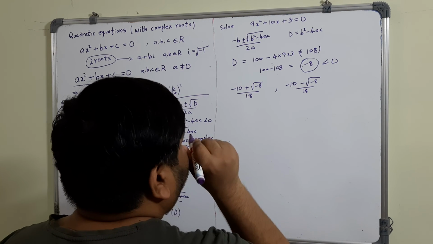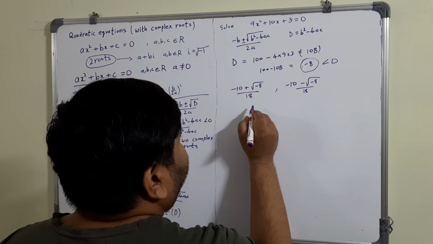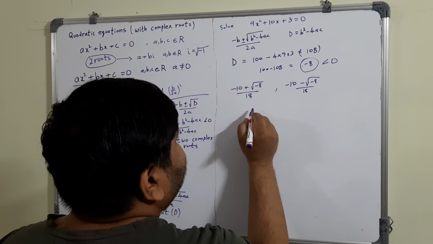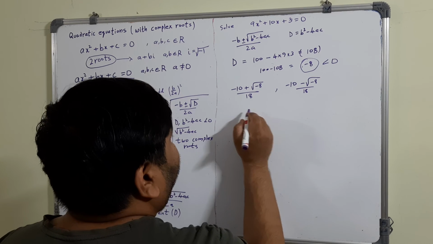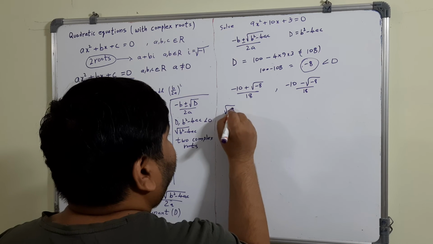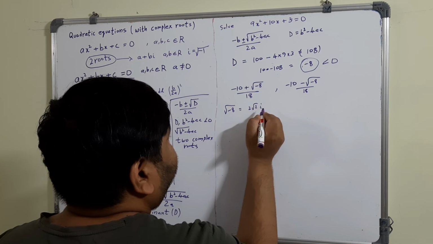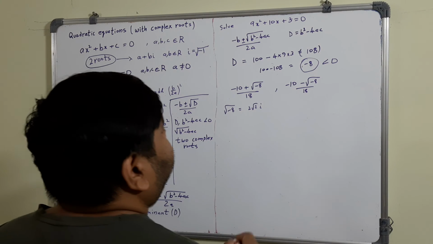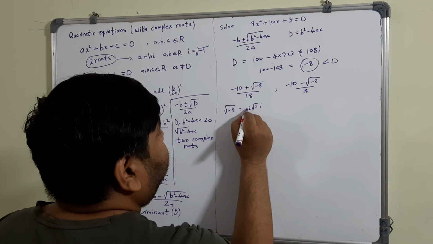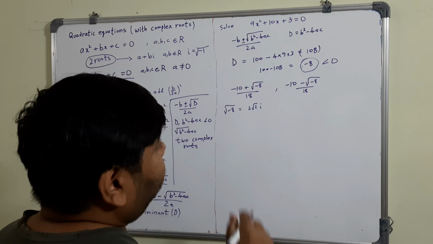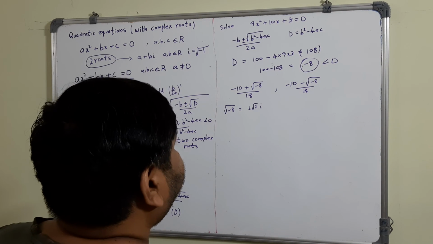So what is this? We can write minus 8 equals 2 root 2i. Yes, we can write it like that.